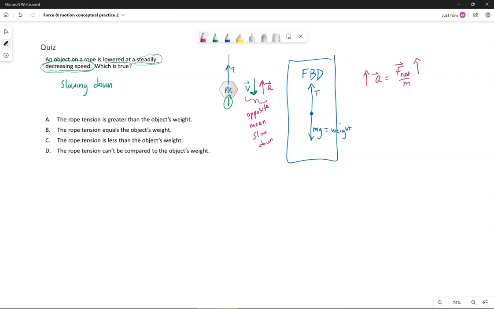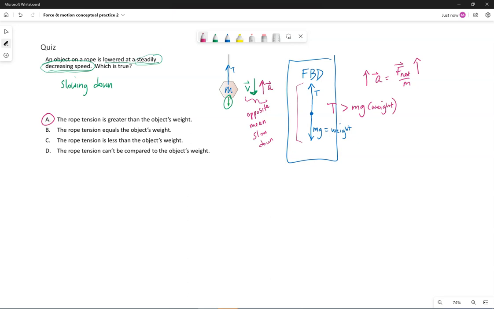So coming back to our free body diagram, in order to add these two forces together and get an answer that points upwards, tension has to be bigger than mg, or weight. That rope has to pull harder than the force of gravity to slow that object down and stop it. So the rope tension is greater than the object's weight. So that is option A.